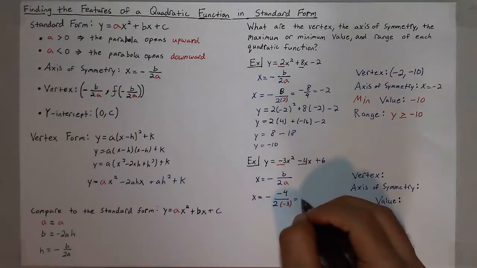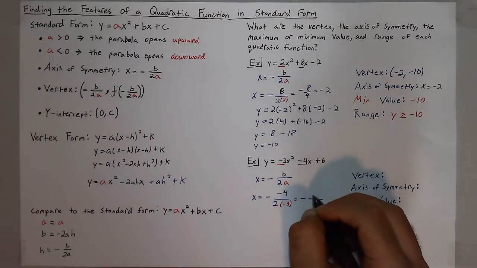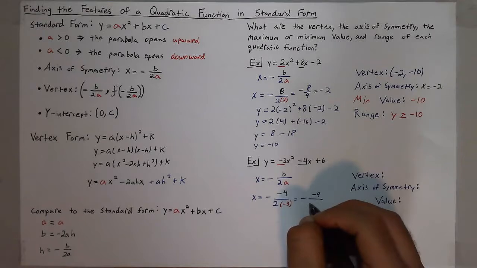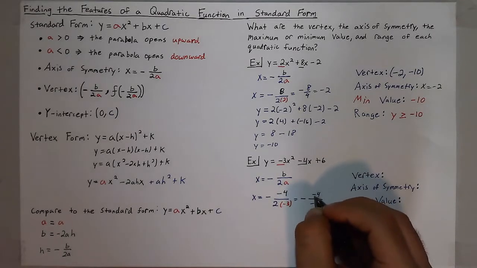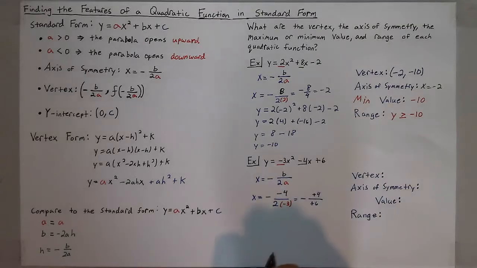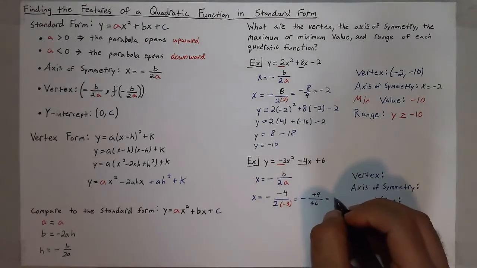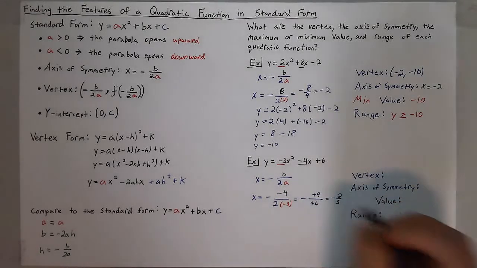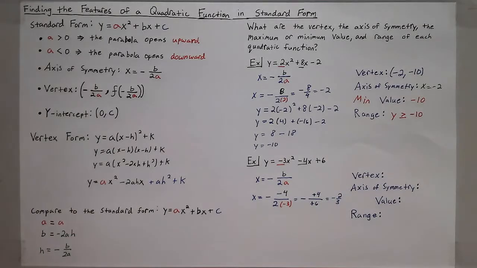So we have negative of negative 4 over negative 6, where those negatives will cancel to a positive, but this negative will remain, keeping the whole thing negative. So I'll get negative 2/3 for x. I'm going to be dealing with a fraction here, but that's okay.